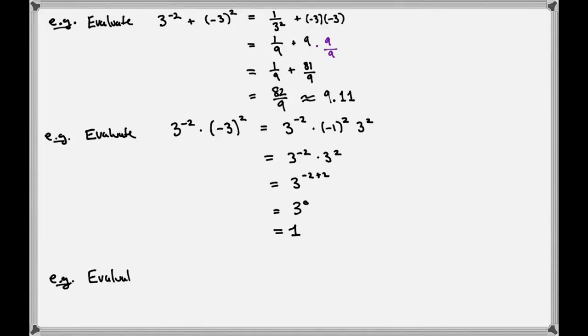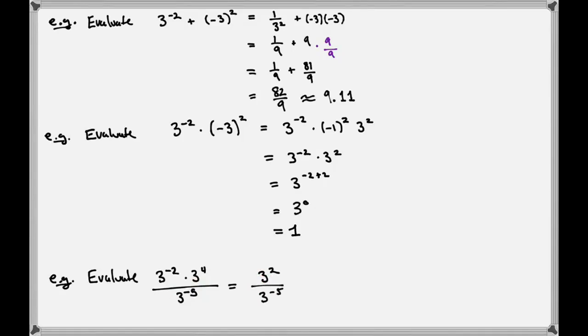Finally, let's do a third example involving some division here. I have 3 to the minus 2 times 3 to the 4th over 3 to the minus 5. Let's do the numerator first. I'm multiplying powers with the same base, so I can add the exponents together. Minus 2 plus 4 gives me 2, so this is 3 squared.